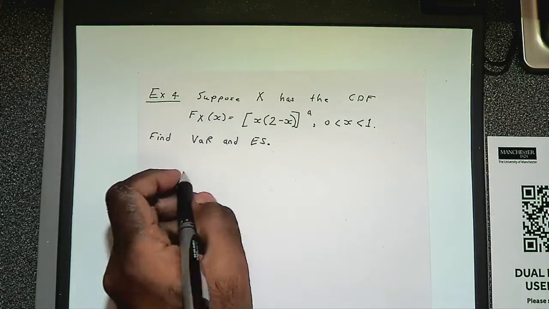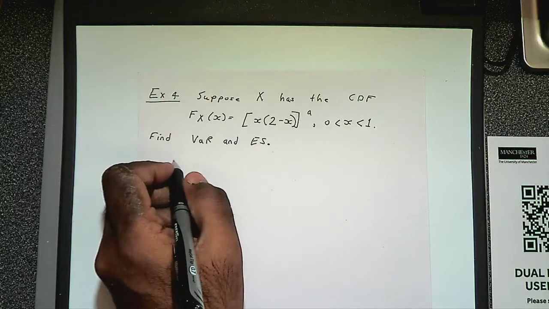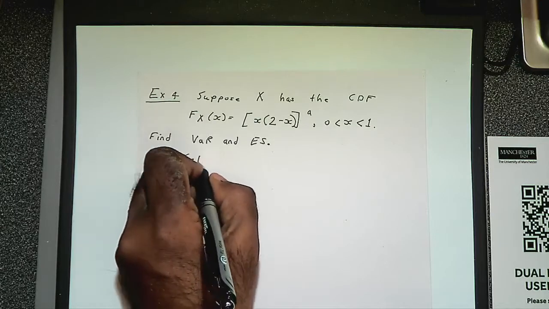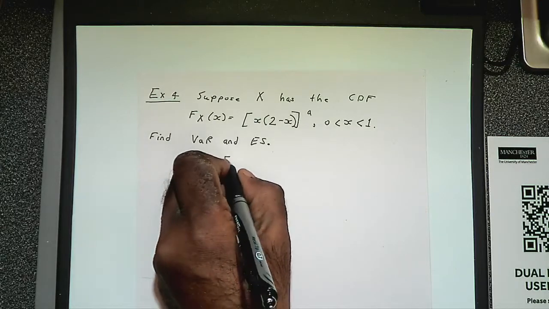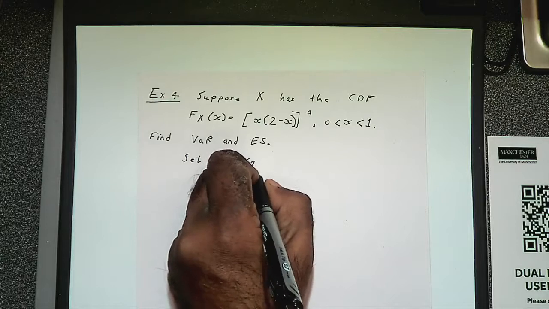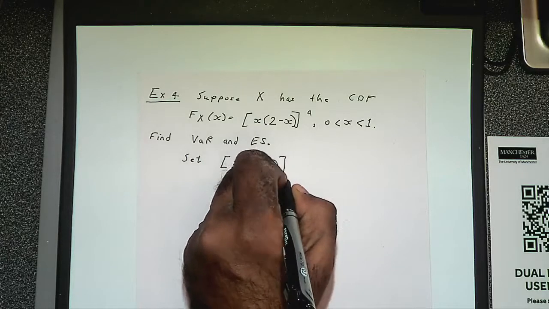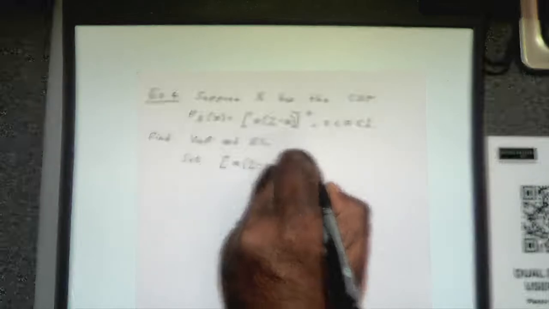Now to find the value at risk, you set this equal to p and solve for x.